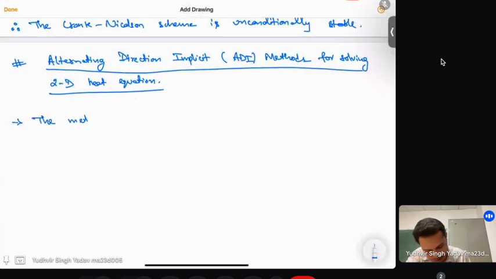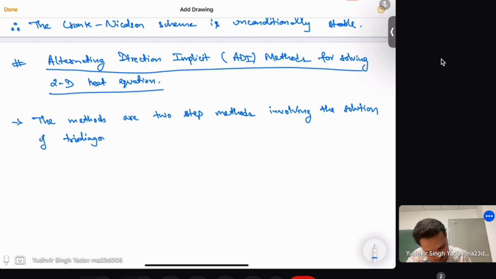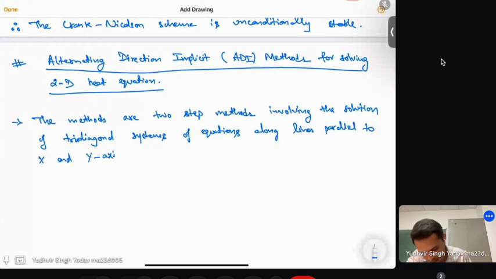So these methods are two-step methods involving the solution of tridiagonal systems of equations along lines parallel to the x and y axis at the first and second step respectively.